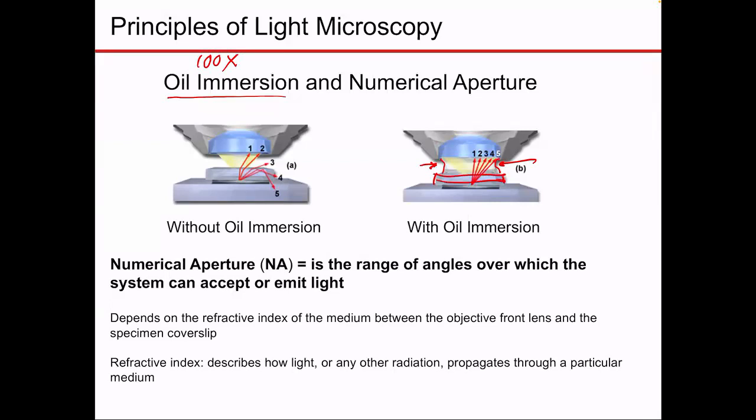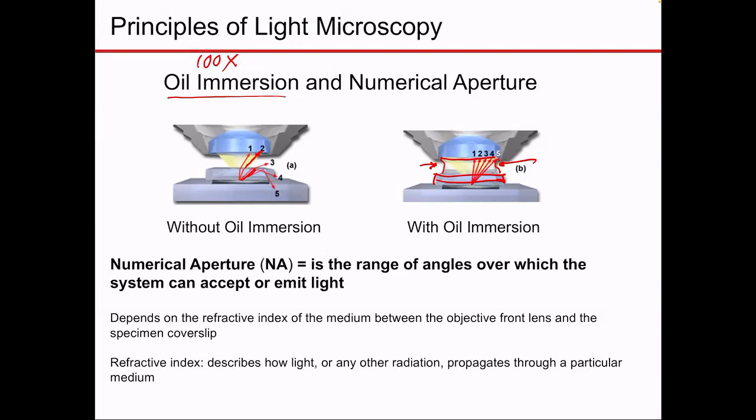Why do we use oil? If you try to look at a sample with the oil immersion lens without oil, the light passes through the glass slide and then goes into the air to later reach the lens.